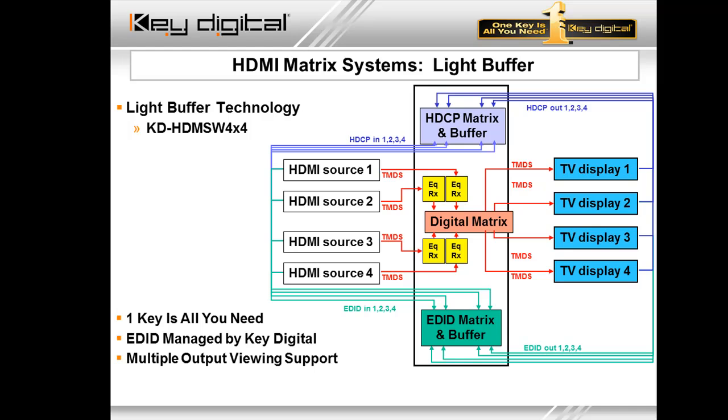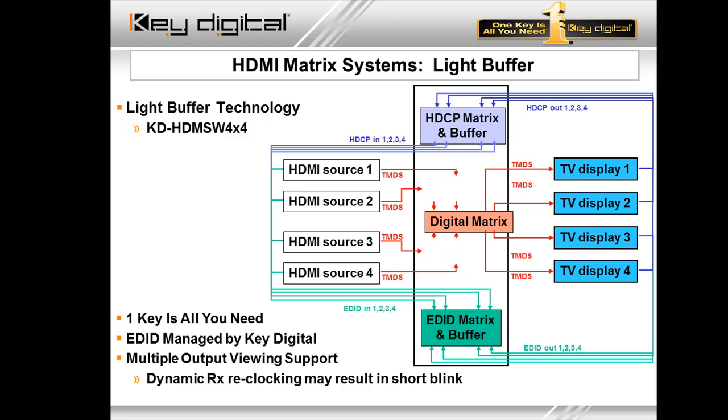Multiple output viewing is supported at any time and in any combination, but there is a dynamic RX, that's the input side, reclocking, and that may result in a short blink. What does that mean? It happens anytime that multiple output viewing mode is taking place. Say display 1 is the only one selecting source 1, then display 2 jumps on source 1 as well.